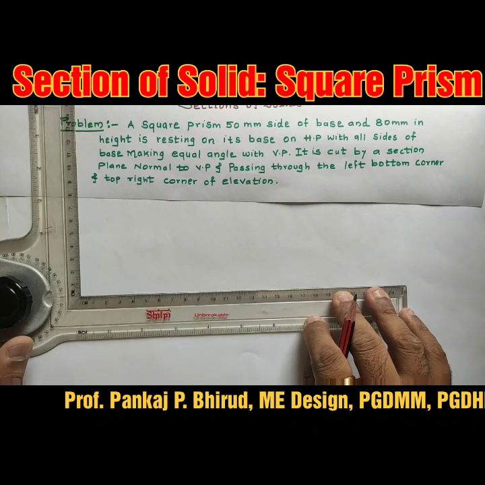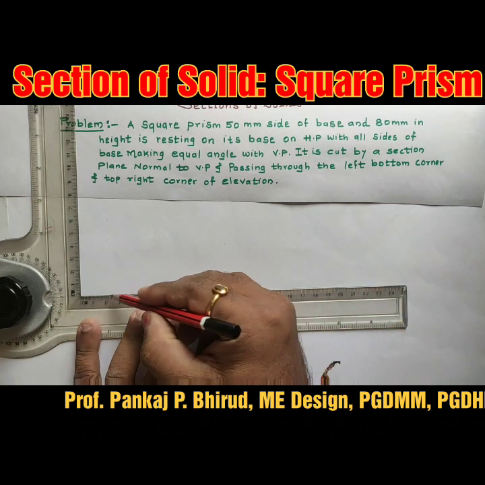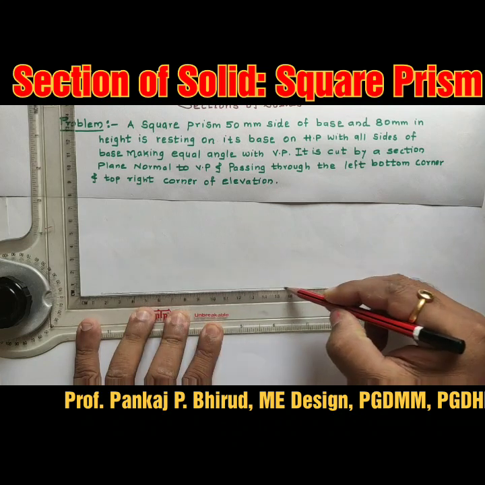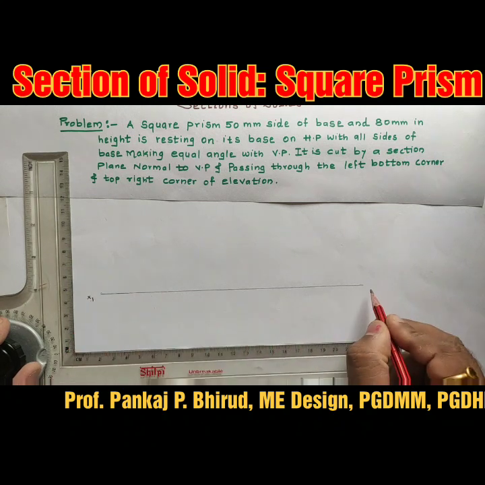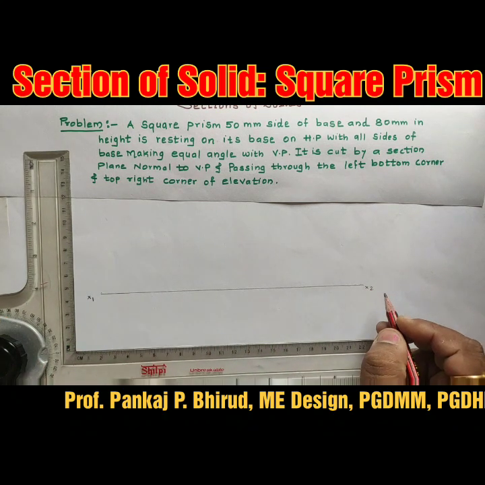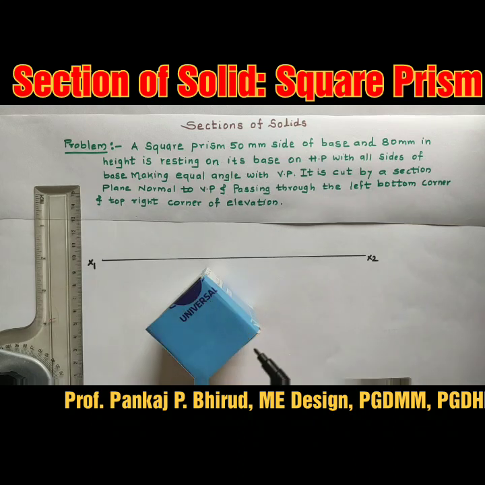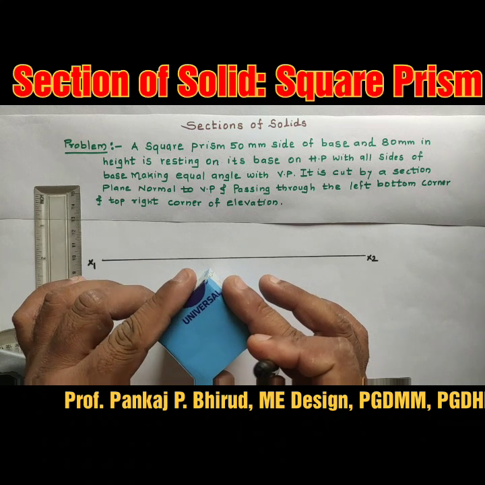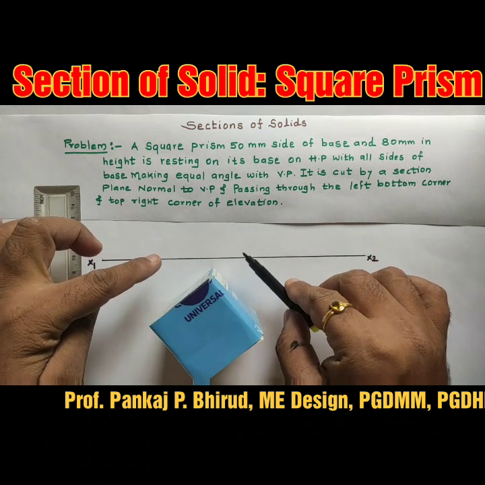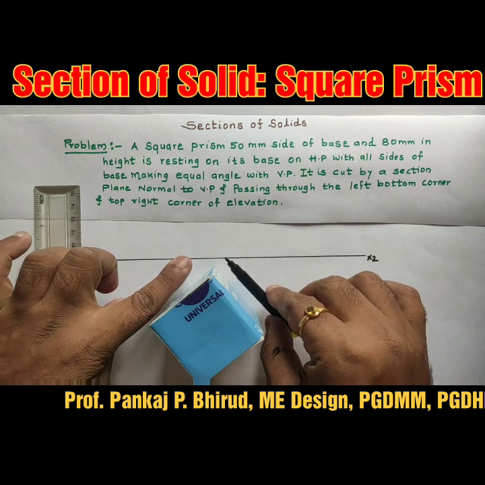Section. Set your adapter and first of all draw the reference line X1, X2. So in top view we will see the square of 50 mm side. So draw a square of side 50 mm in the top view with all sides making equal angle with VP, and that is 45 degrees with XY line.